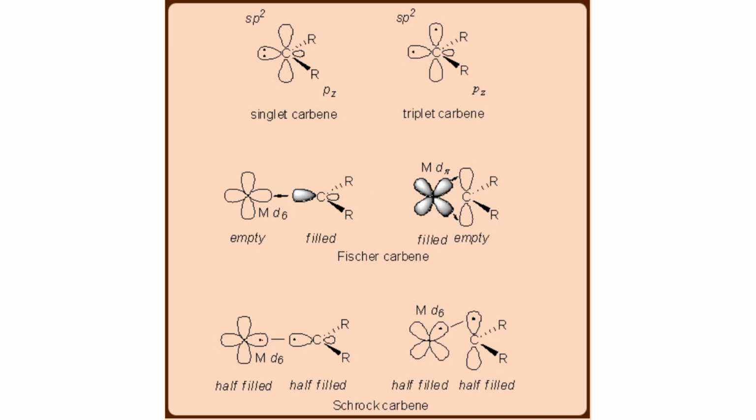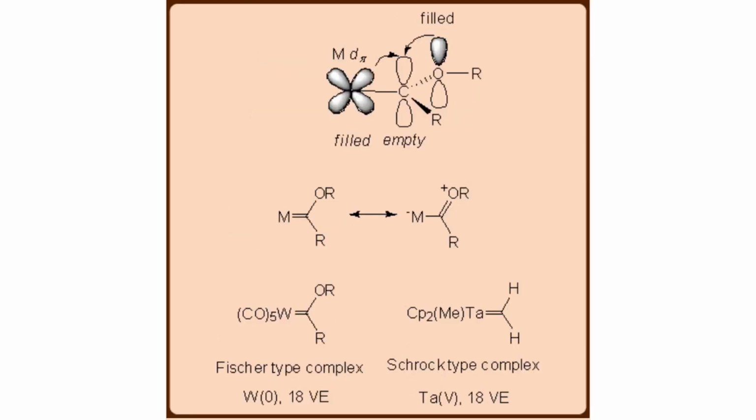And for Schrock, this radical-based thing you can consider as the triplet. So this dot would react with this dot in this kind of interaction.